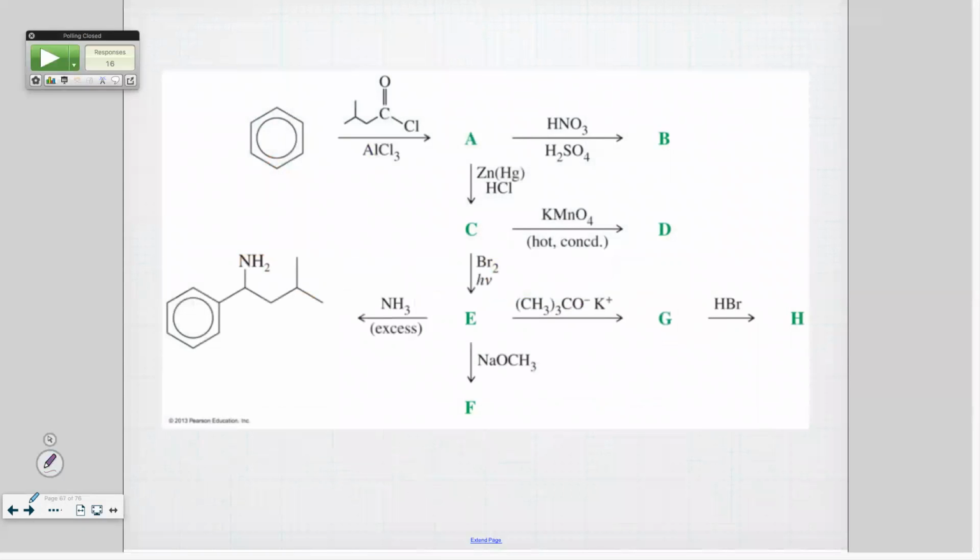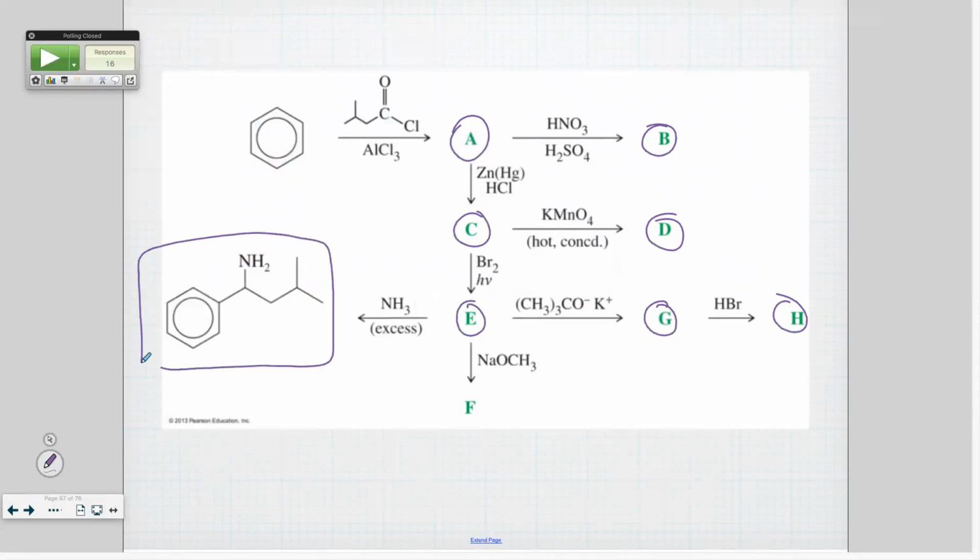Now, do you have this in your slides? Tell me if you have it in there. I'm not going to go over it, but I want you to work on it. I think it's a homework. It's in your text. What you want to be able to do is figure out the structures of A, B, C, D. And you have little hints as you go, because here you have that compound.